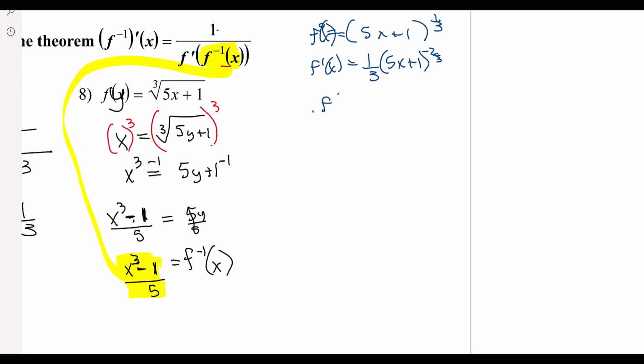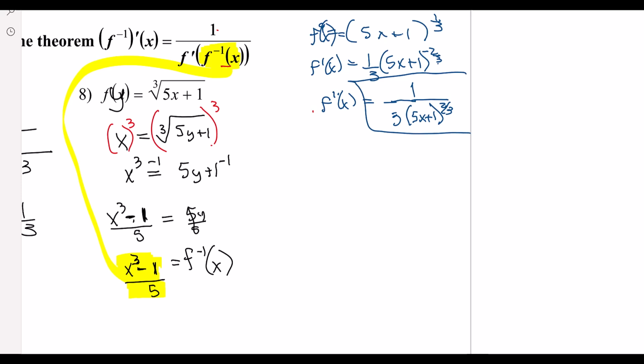So what we have left is 1/3 times the cube root. Well, I'll just leave it to the positive 2/3. So this right here is the derivative.